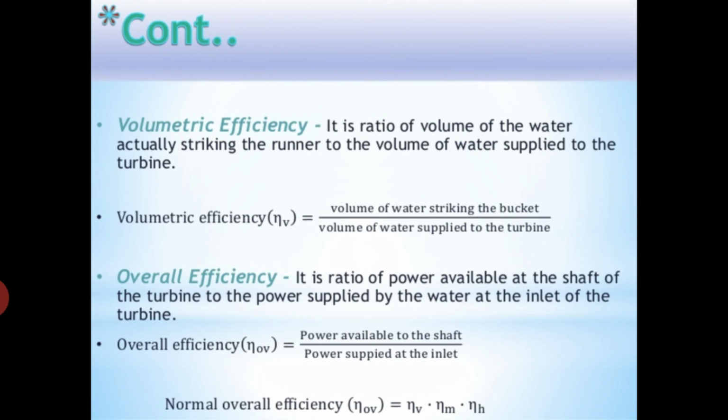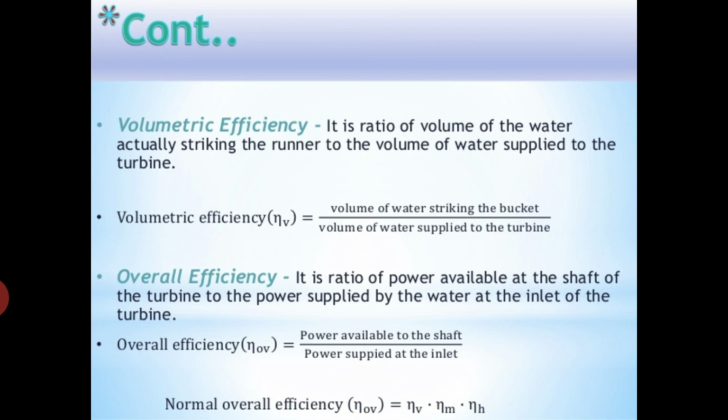Then the next efficiency, volumetric efficiency. What do we mean by volumetric efficiency? It is the ratio of the volume of water actually striking the runner to the volume of water supplied to the turbine. When the water is supplied at the inlet to the turbine, some of the water is discharged to the tail race without striking the runner. Therefore, the quantity of water actually striking the runner is less than the quantity of water supplied to the turbine.